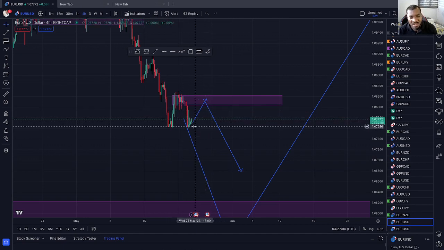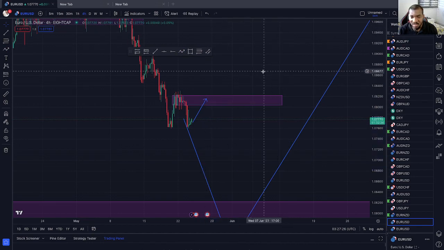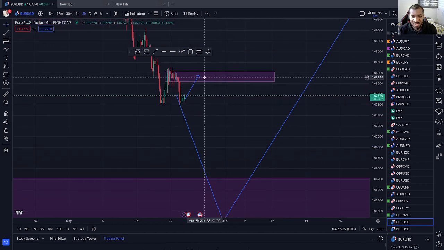All you're going to do is to wait for price to retest here, create a double top, and then move down to the downside. Or if price fails to get to this double top, you have to wait. Sorry, let's delete this so that you understand what I'm trying to say. If price doesn't get to our premium zone, which is here for our sell, what you have to do is you wait.